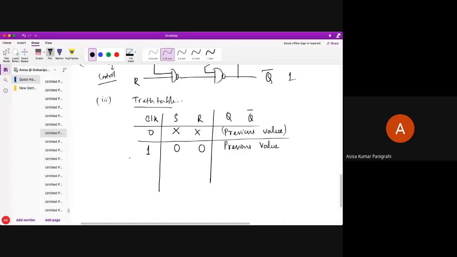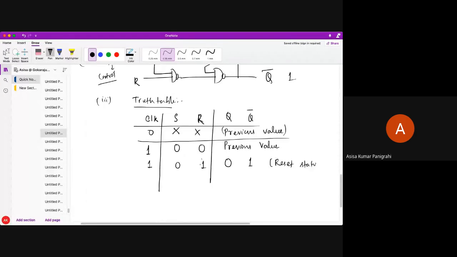What will it do? It will just reset. You can see R is 1, which means reset equals 1. So it will reset my flip-flop output. Whatever my previous output or assumption may be, it will reset my output to 0. This is called the reset state of my SR flip-flop.